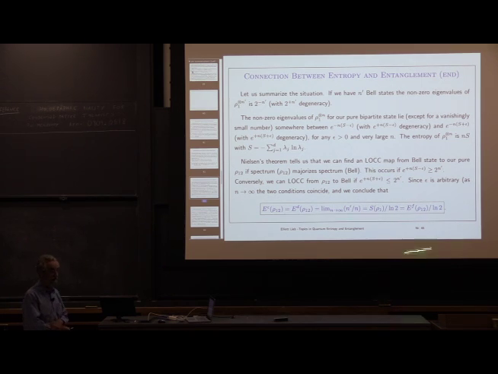So we conclude that since epsilon is arbitrary, we can first take the limit n goes to infinity and then epsilon goes to 0. As n goes to infinity, the two conditions coincide, and we conclude that the limit of n prime over n in both cases is the same regardless of which direction you go in, and therefore EC equals ED, and that's equal to the entropy divided by log 2.